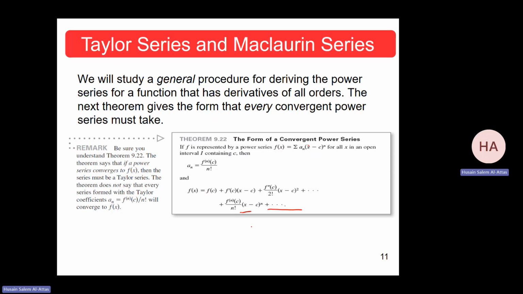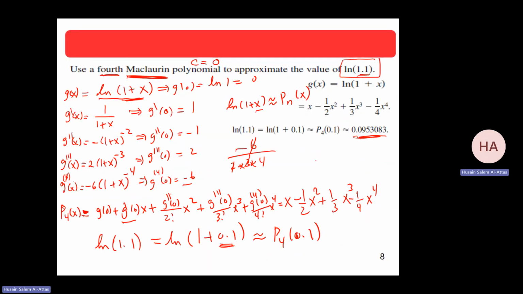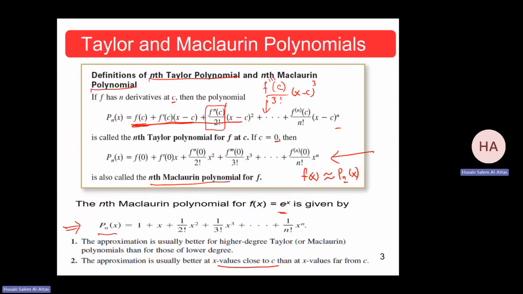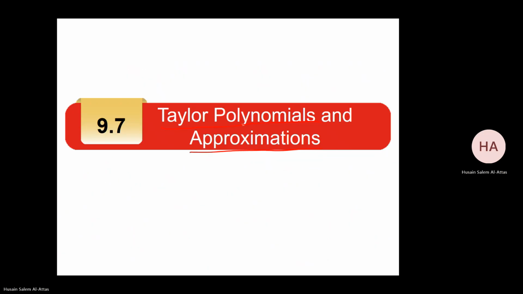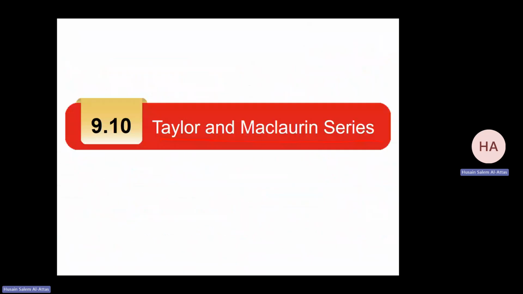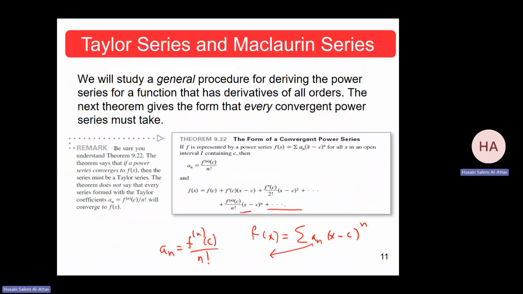I want to make f of x as the summation of an times x minus c to the power n. What will be this an? an will be the nth derivative at c over n factorial, which is the same as we did here. If you notice, this is the an. But now I continue. I will not stop at n. So I have a series now.